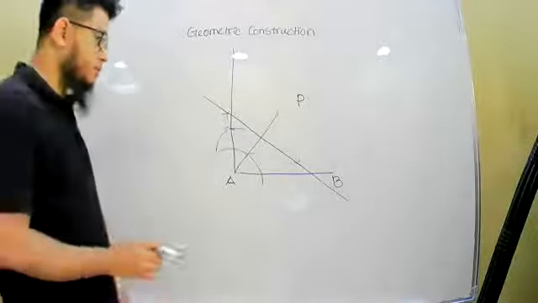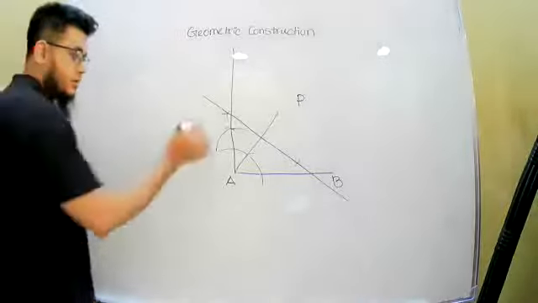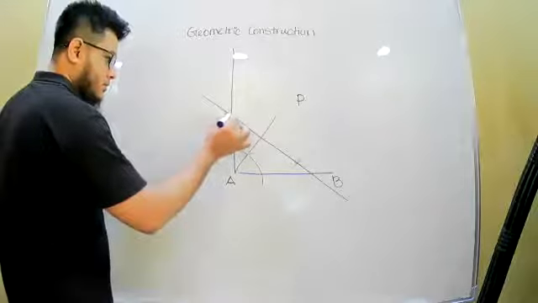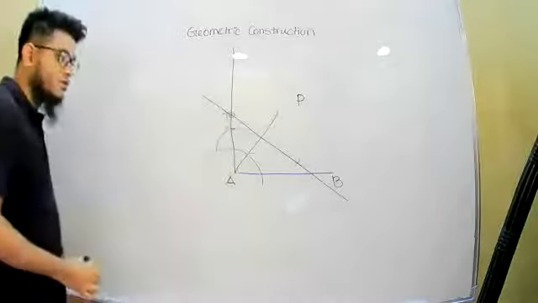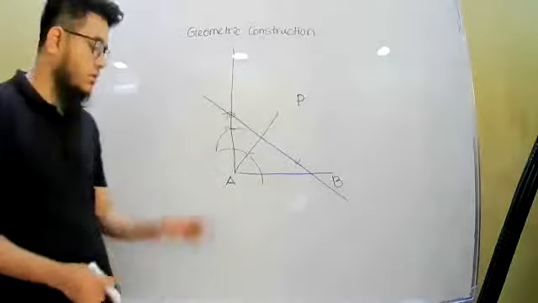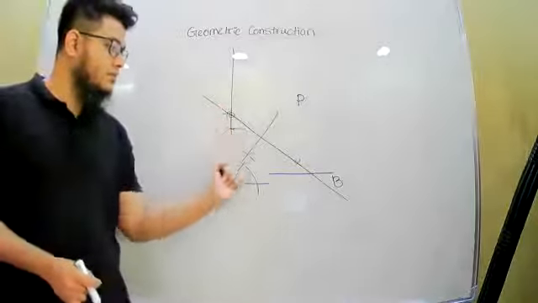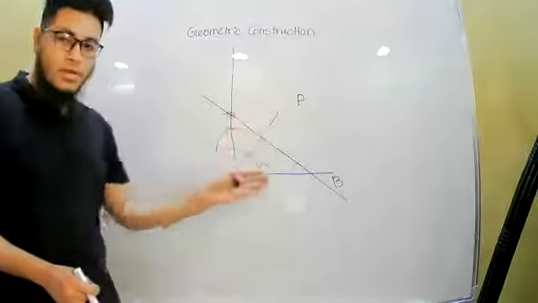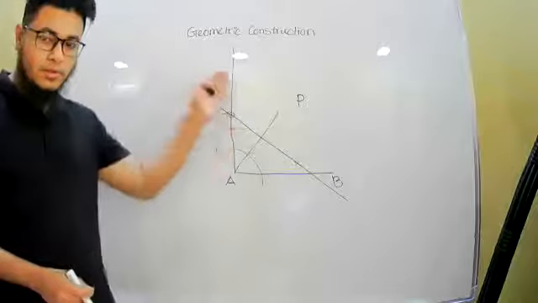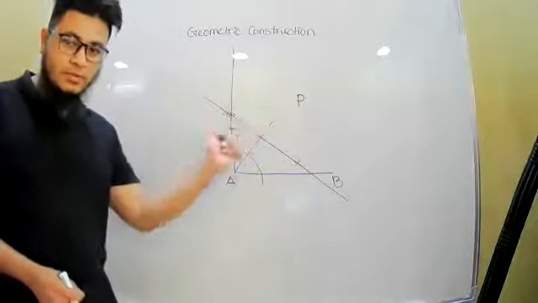Okay, good. So we have already got the center of our circle. This is the center of the circle. What is this point? This is the intersecting point of the perpendicular on A and the perpendicular bisector of AP. On AB, we have drawn a perpendicular and the perpendicular bisector of AP.